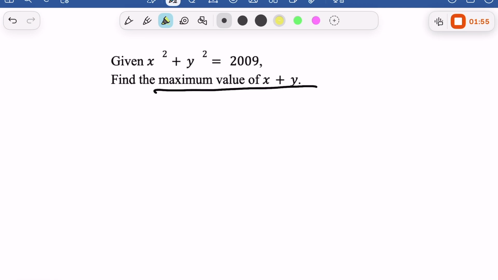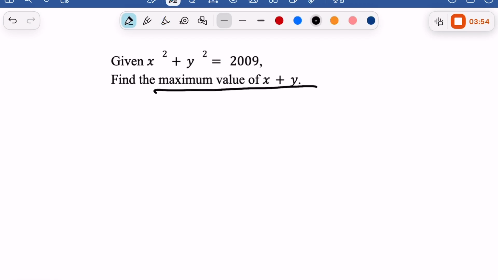So what should we do now? If the triangle inequality doesn't work, we need to think of a different way of approaching this question. And I think a very good method when you're looking at an inequality is to consider Cauchy-Schwarz.